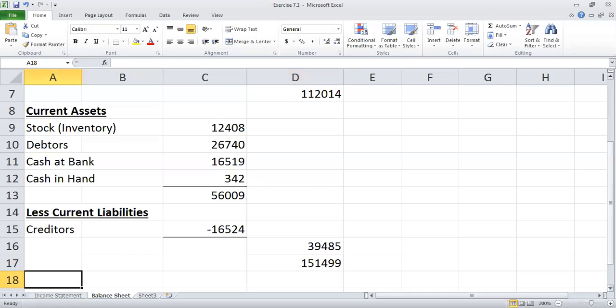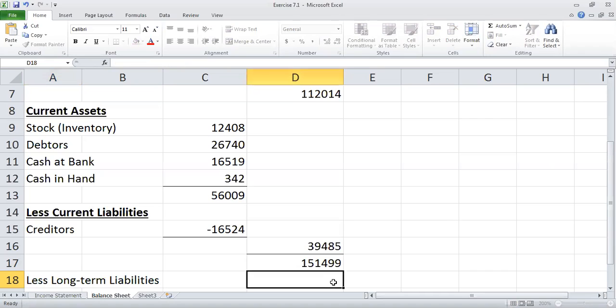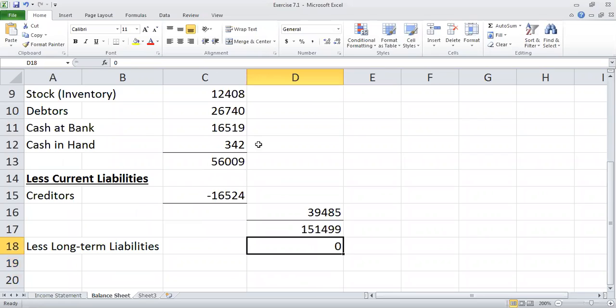Now we're going to put in something else. We have less long-term liability. In this case, there's none, but I'm just putting it there so you know what to do. In this case, it is 0, so we put 0 in brackets. Draw a line, and then you will get 151,499 minus 0, equal to 151,499.